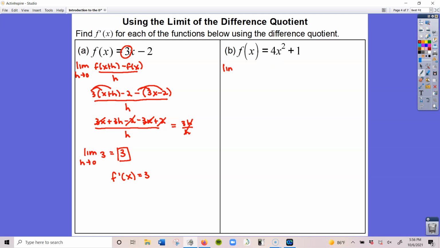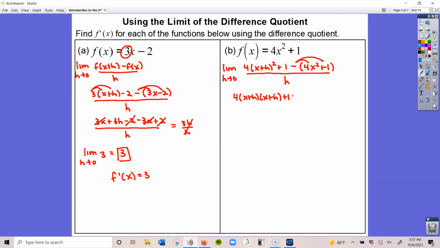Let's try that with this one. We have the limit as h approaches 0 of f of x plus h, which would be 4 times (x plus h) squared plus 1, minus f of x, which is 4x squared plus 1, all over h. Now let's distribute. We got 4 times (x plus h) times (x plus h) plus 1.